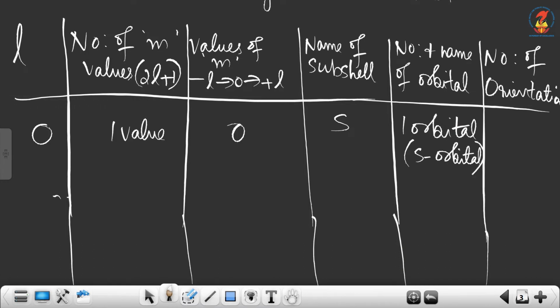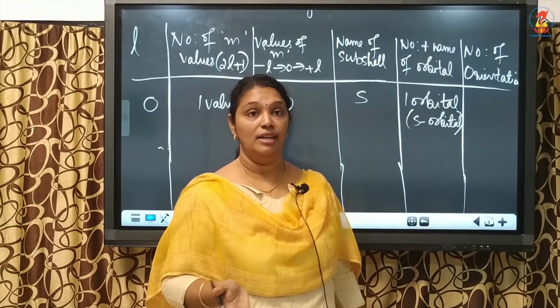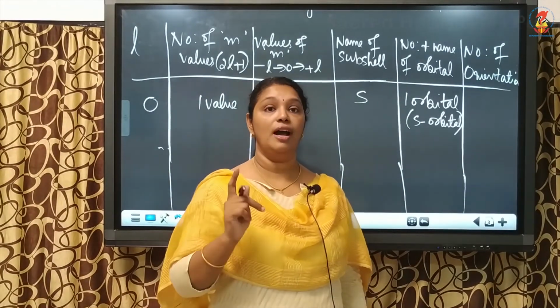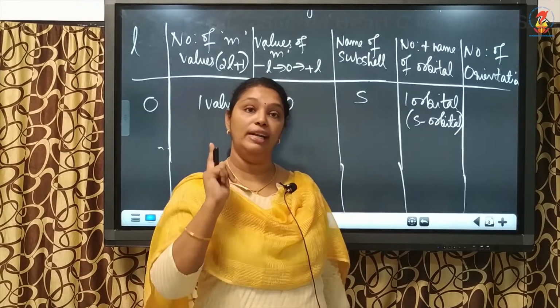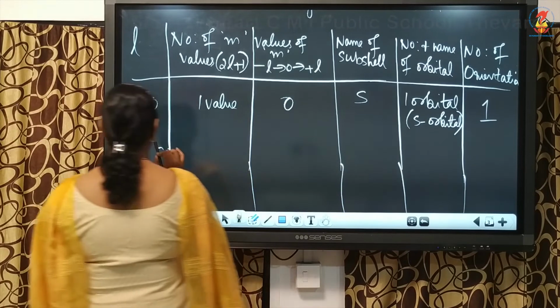Now, the number of orientations. The number of orbitals is equal to the number of ways in which they are oriented. So, we have only one orbital, which means only one orientation is possible.